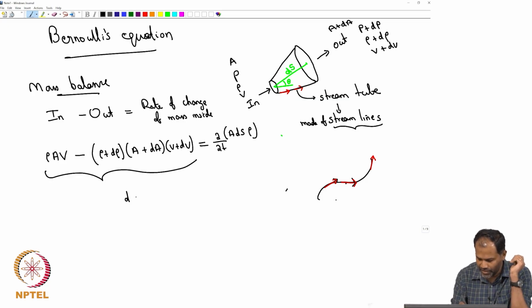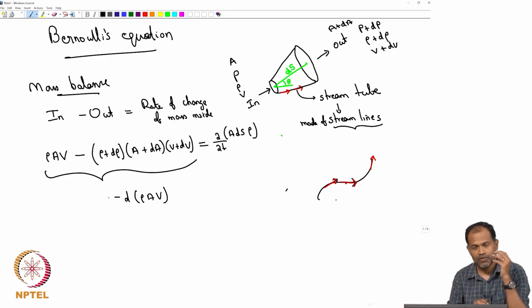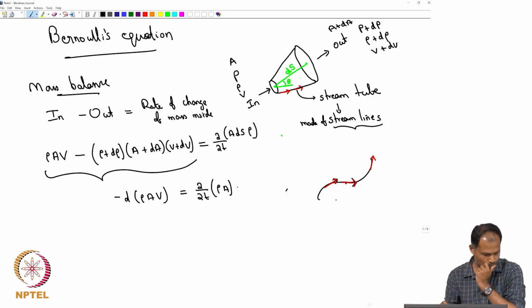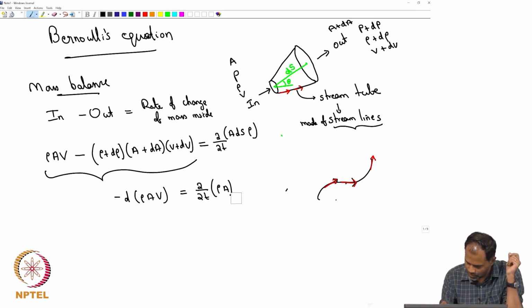So, let me rewrite it as the differential of rho into A into V with the minus sign, because it is left minus right, equal to del by del t of rho into A times ds.